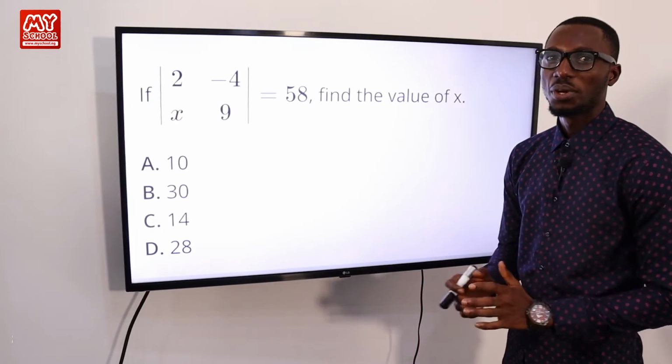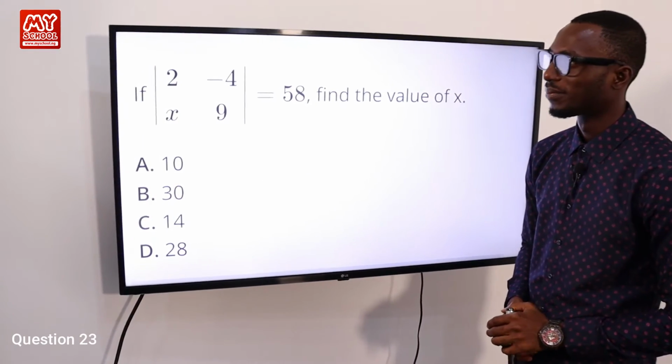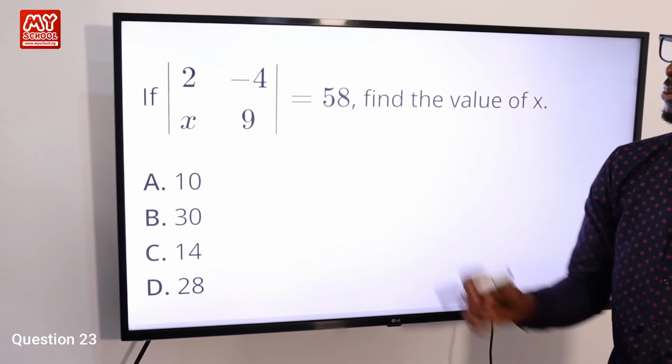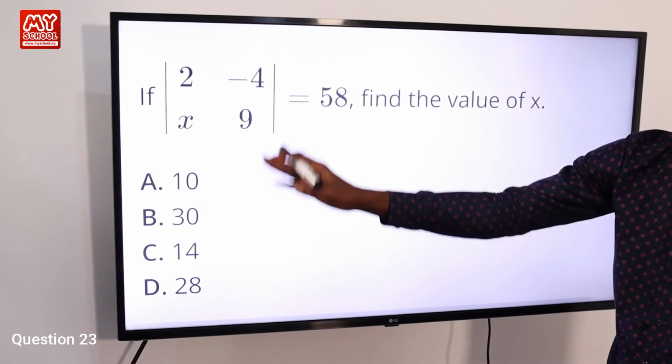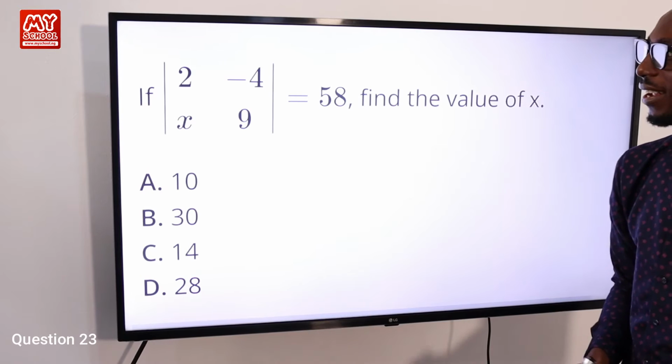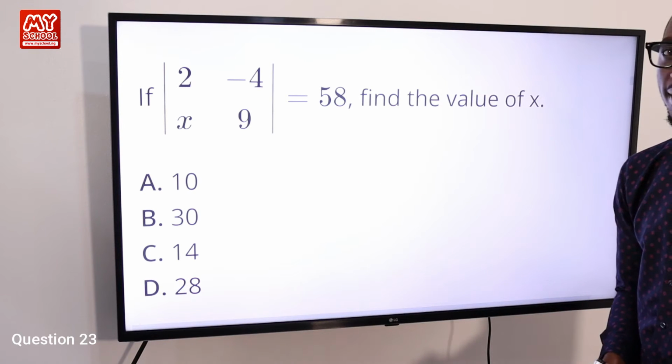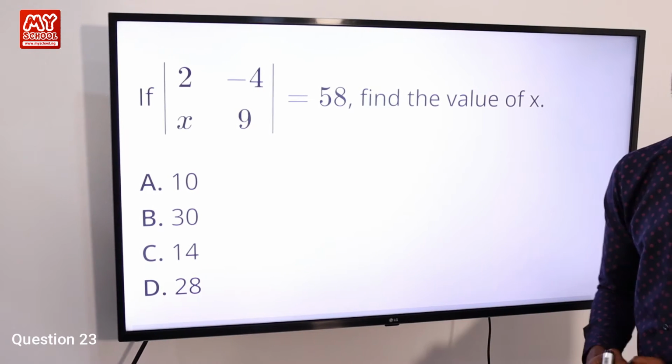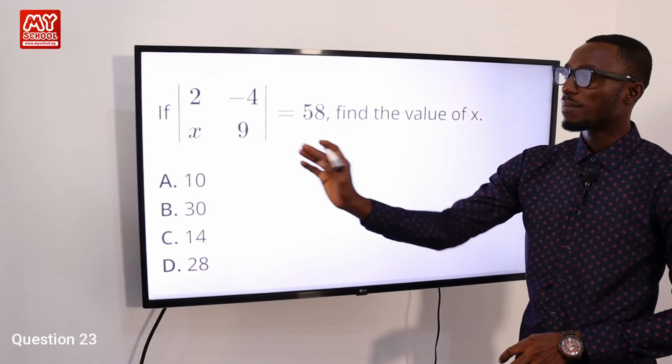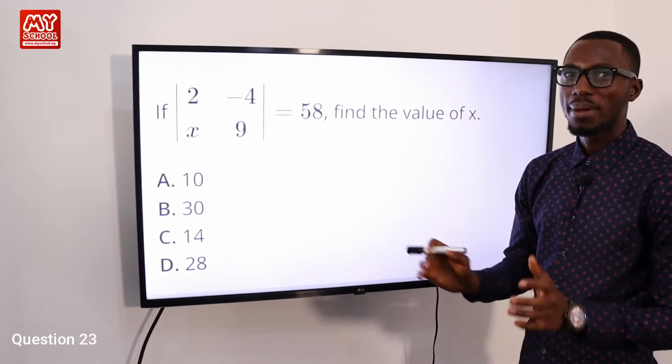So let's proceed. Question number 23. If the matrix with rows (2, x) and (minus 4, 9) equals 58, find the value of x. This type of matrix is referred to as a square matrix.